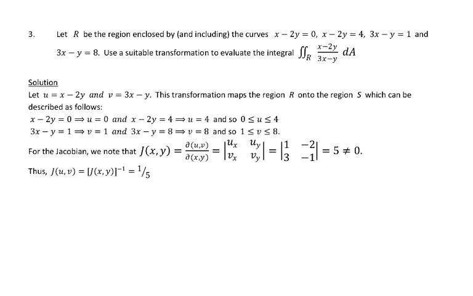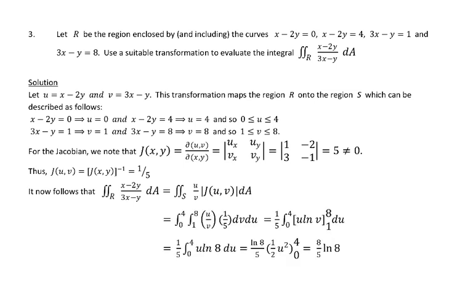So the actual Jacobian that we need, the Jacobian of uv, is 1 over 5. We now see that the double integral over R becomes the double integral over S. The integrand is now simply u divided by v, and you must always remember to add the Jacobian.